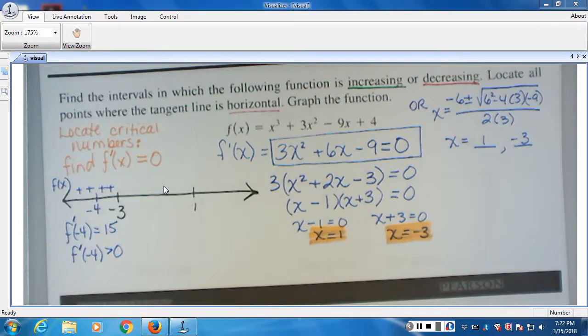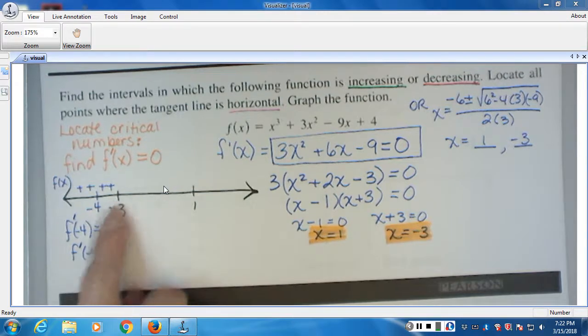In other words, the function is increasing on that interval. At the value negative 3, the function reaches a valley or a peak, one or the other. Since it was positive, it's going uphill, so we know it's reaching the top, not the bottom, because it's going up before it hits 0.